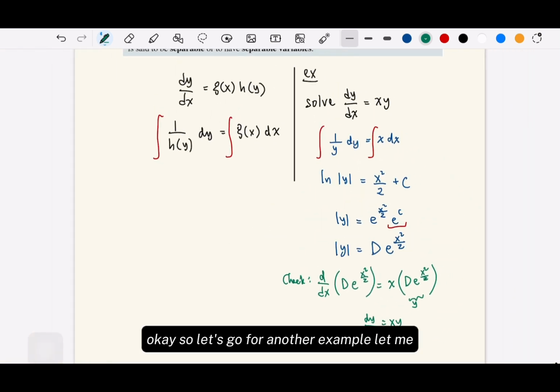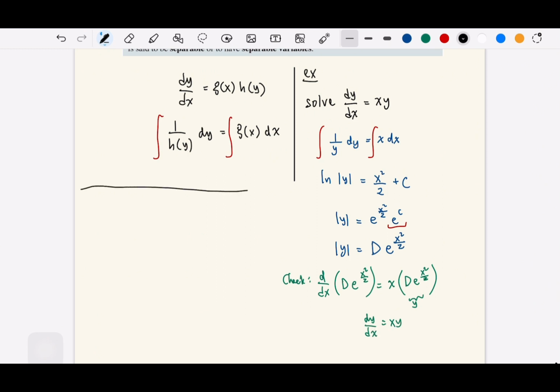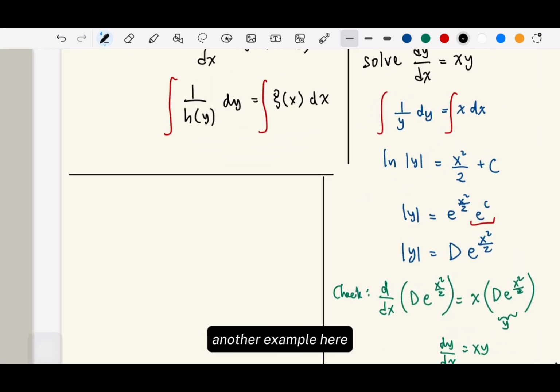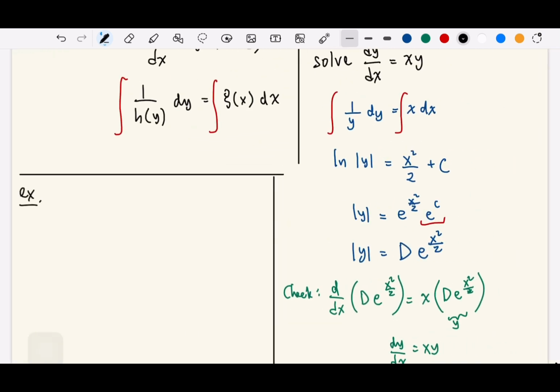Okay, so let's go for another example. Let me make it here. Another example here. Solve.